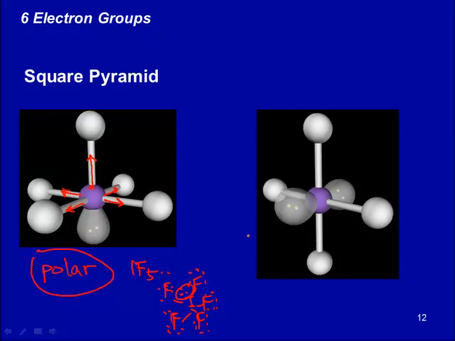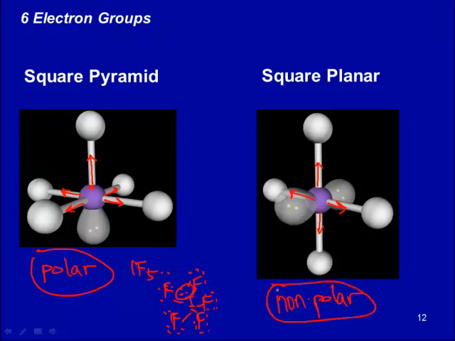The other one will have 2 lone pairs, and now you can see those four are on a square planar face. So this is called square planar. If we draw the polarity arrows, this two cancels, this two cancels. So the net polarity for this square planar geometry will be 0, and the whole molecule will be non-polar.